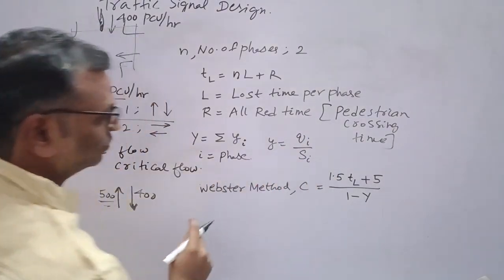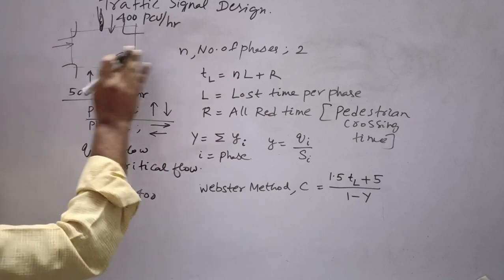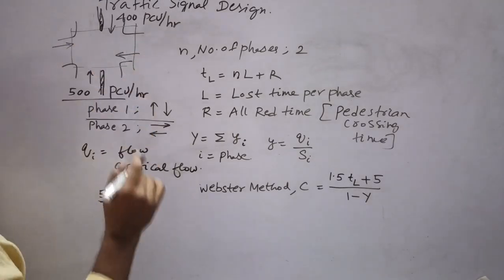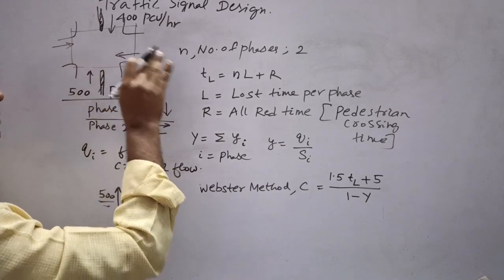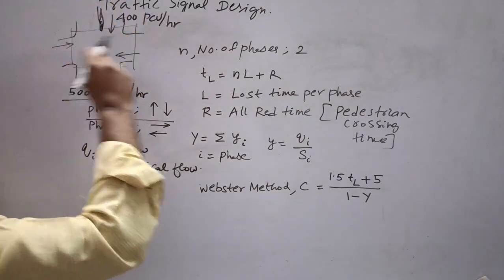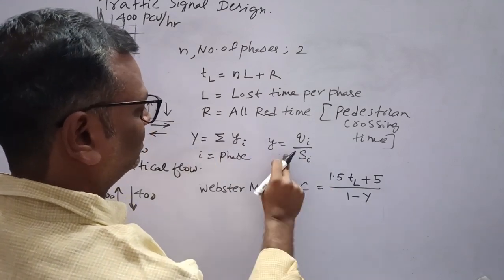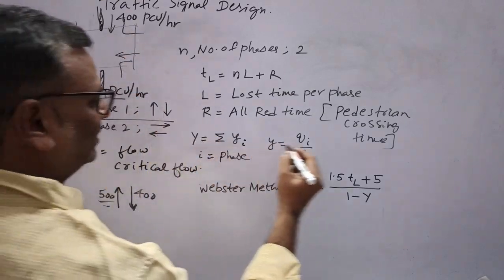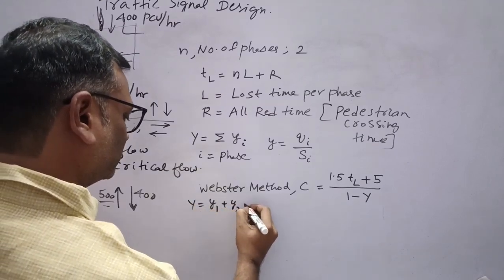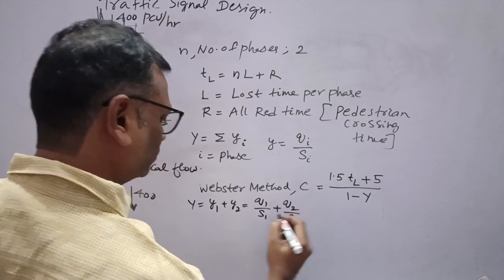And saturation flow means the maximum number of vehicles that can flow. We have capacity, right? It is the maximum flow that can pass through the signal if the entire signal is green, so there is no red. The maximum number of vehicles that can pass through is the saturation flow. And Y, for this particular case, is Y1 plus Y2, that is Q1 by S1 plus Q2 by S2.